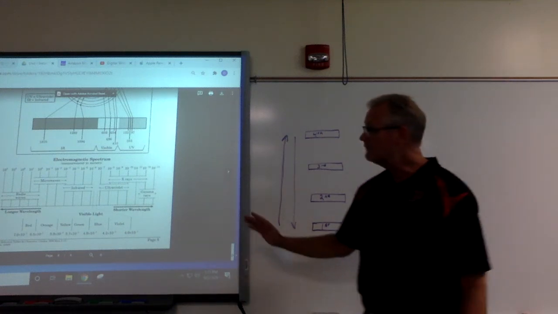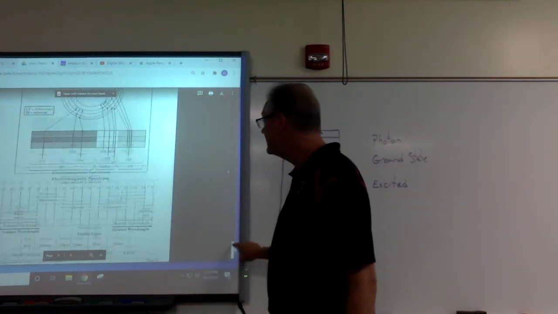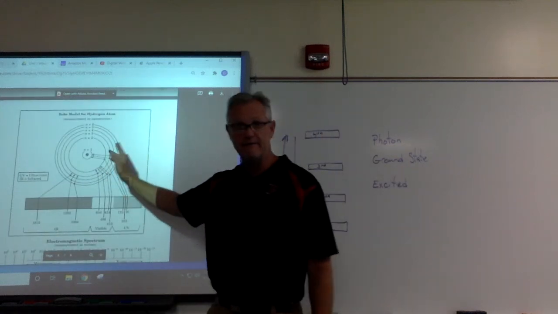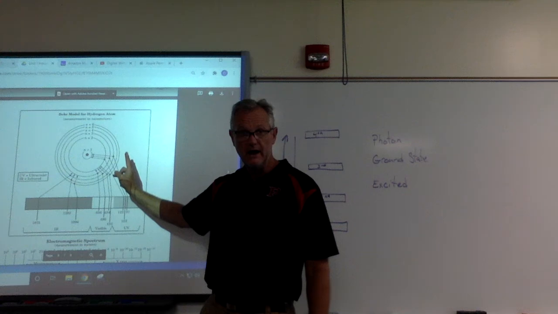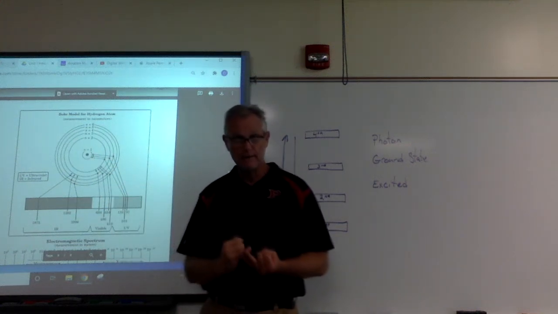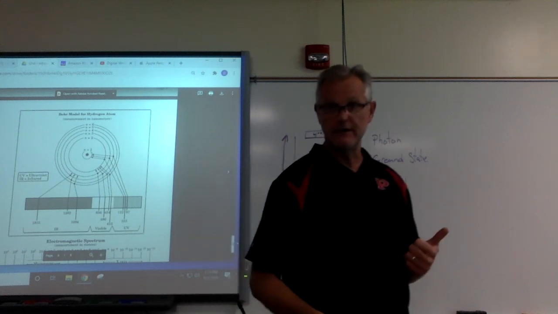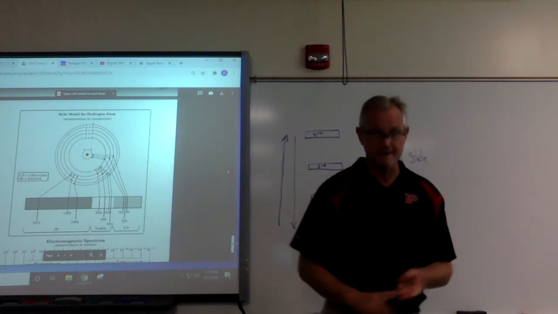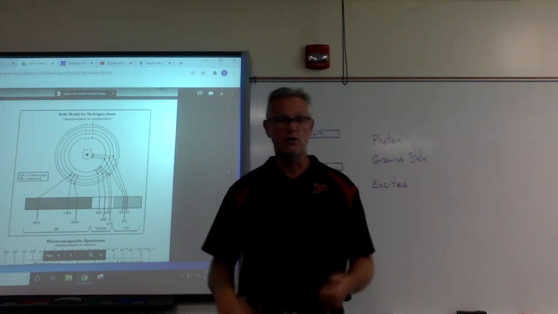Then we went back over and said, okay, let's look at the hydrogen Bohr diagram. What would happen if I went from one level to another level? And I can ask you two primary questions. The first one is the type of energy. That's going to be your infrared, your visible, or your ultraviolet. And the second one can be your wavelength.